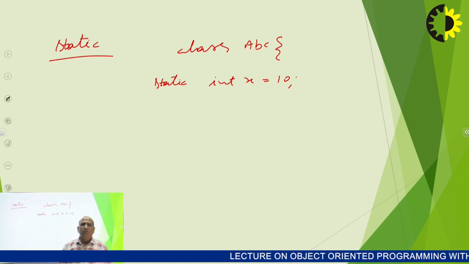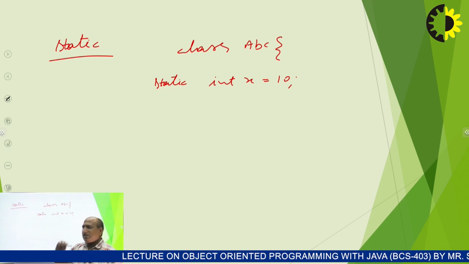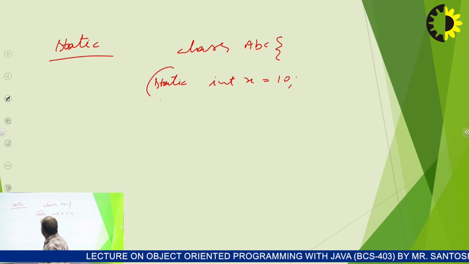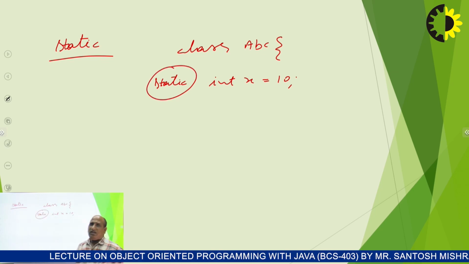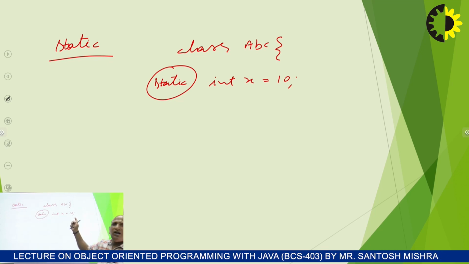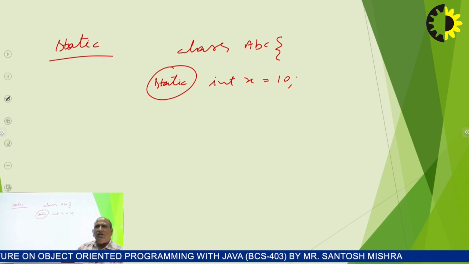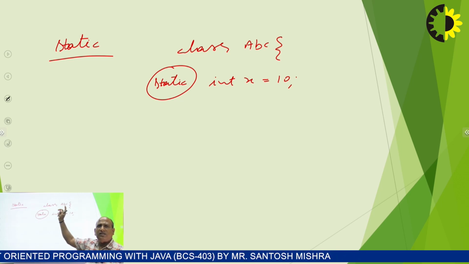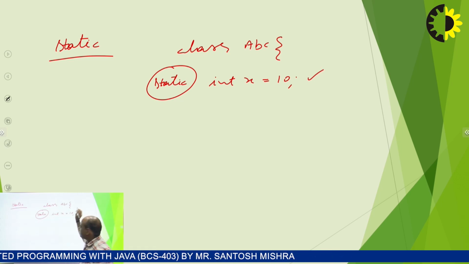If you have not applied this static keyword, then this x variable has its copy with every object, because it's an instance variable.